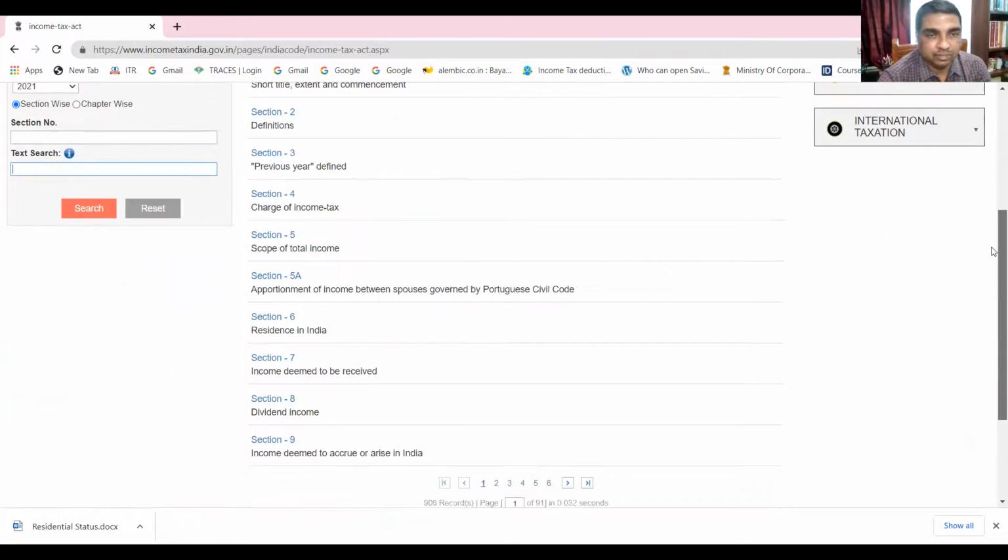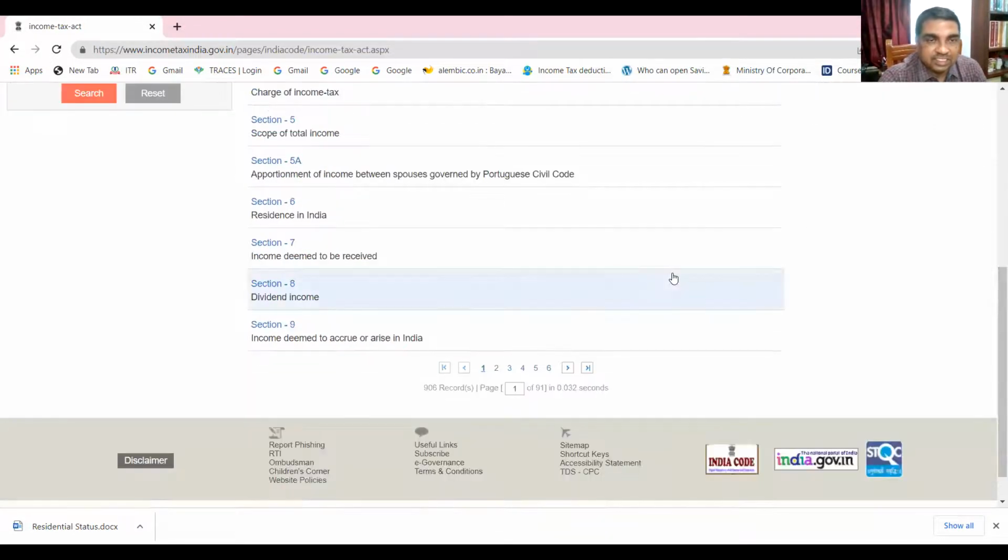You see, section 6 deals with what? Residents in India. This status. Section 7, what is this? Income deemed to be received.